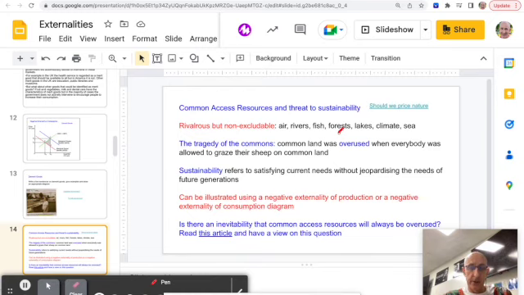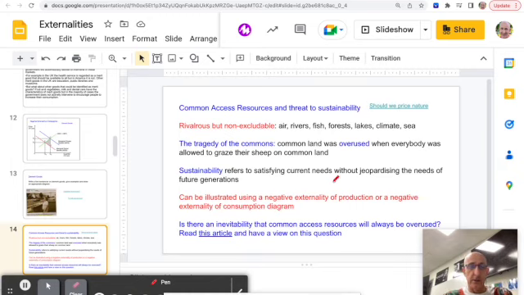The trouble is that there's rivalry in that people don't use them very well. They don't look after them, and they perhaps use too much of it. So we get our fish stocks depleting, or they pollute the rivers, or they cut down the forest. So there's rivalry there in that respect. And that leads to problems with sustainability.